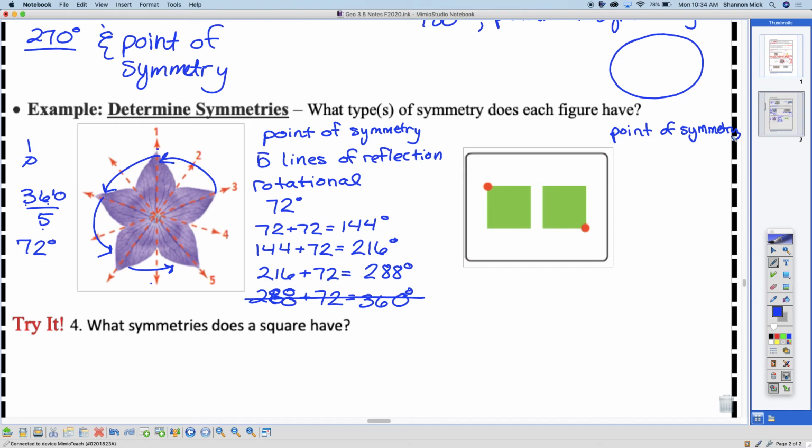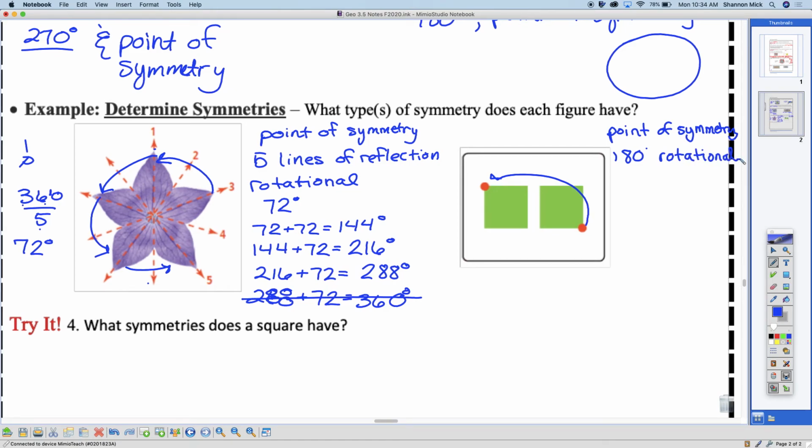Since they put the points on there, I would have to do 180 degrees to get here. If they didn't put the points on there, could it have been 90? No, because you have a rectangle. Okay, mine looks like a square. Could have been 90. Yes.